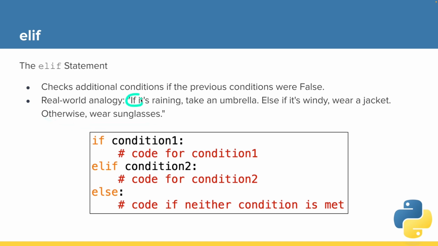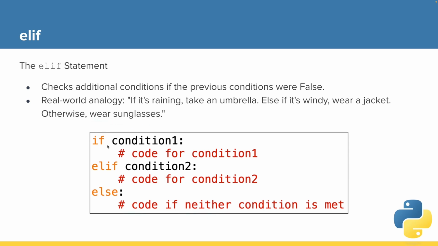So the if it's raining, that would match this. If it's raining, take an umbrella, the code for that. Else if it's windy, condition 2, let's say it is windy, so that's true, wear a jacket, the code for condition 2. Otherwise, under all other circumstances, execute this code, wear sunglasses.